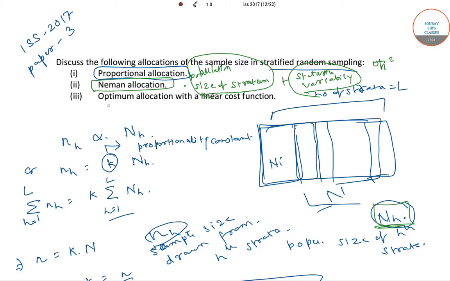Now the third one is optimum allocation with linear cost function.